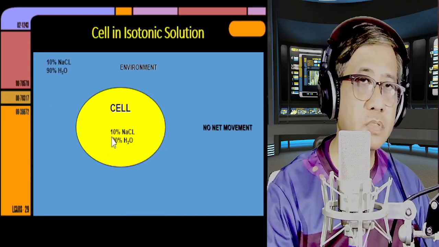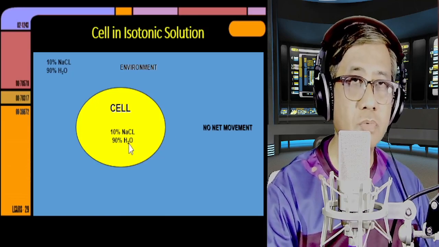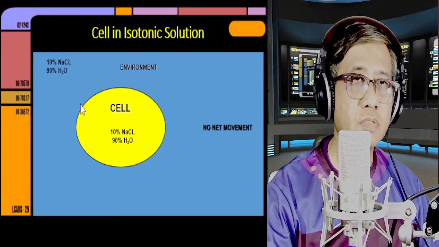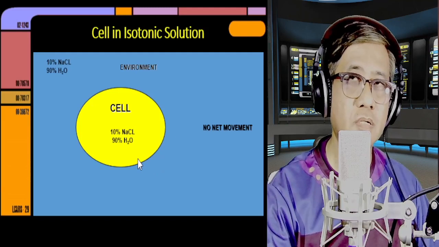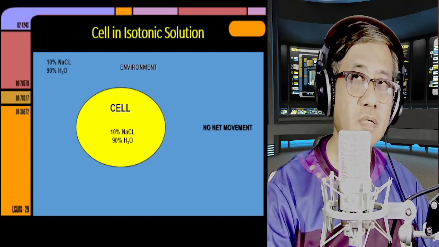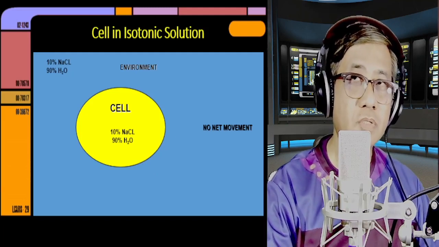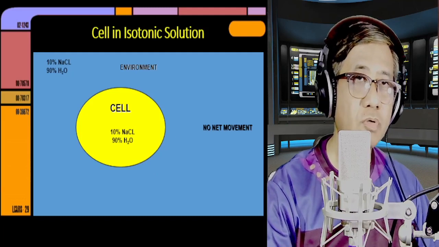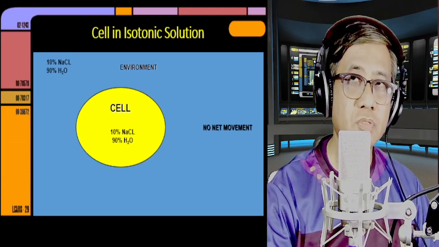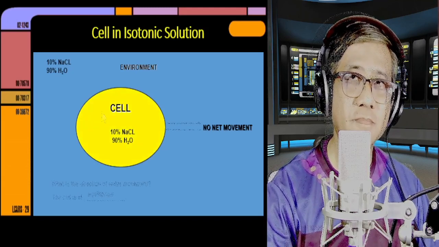So you have 10% NaCl and 90% water as well. So you will notice, class, that both solute and solvent in and out of the cell are equal. So that means that the cell is in homeostatic balance with the external environment. So that means there is no net movement of water. So the cell is said to be in an isotonic solution. The cell is said to be in homeostatic balance.